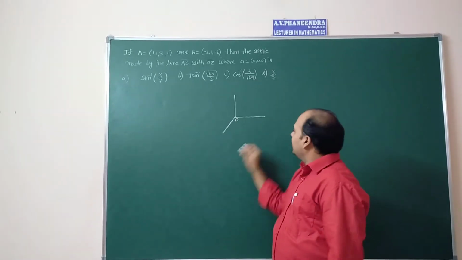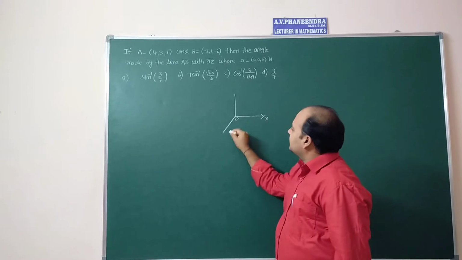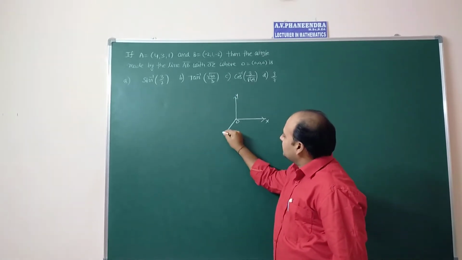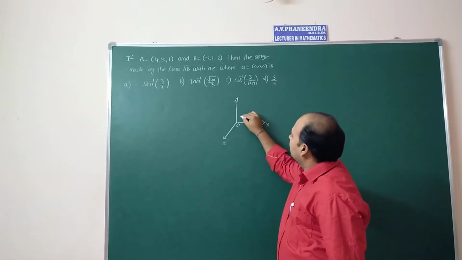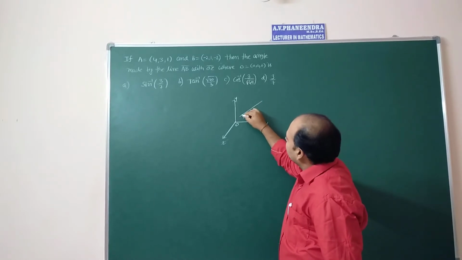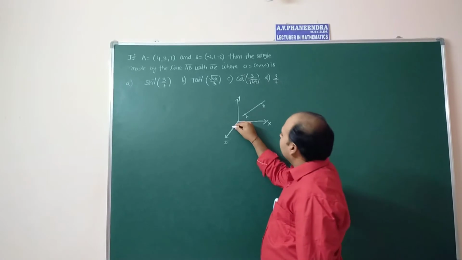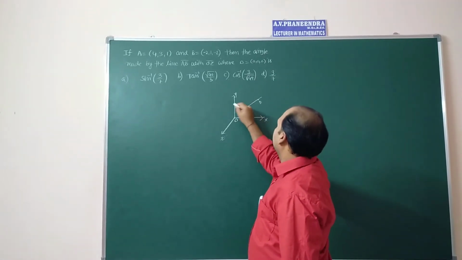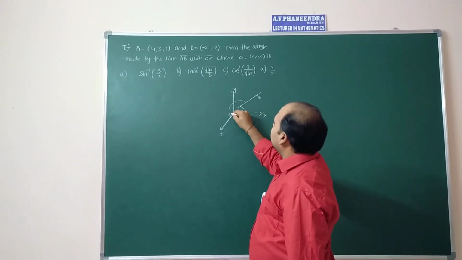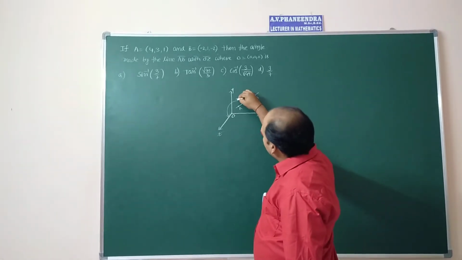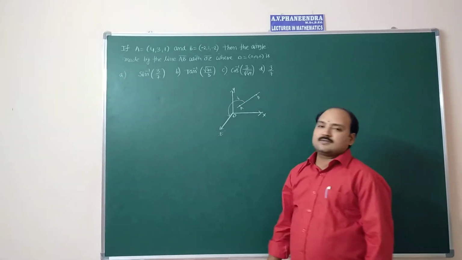See, O is the origin, with the x axis, y axis, z axis. This is some AB line. This AB line makes an angle gamma with the z axis.